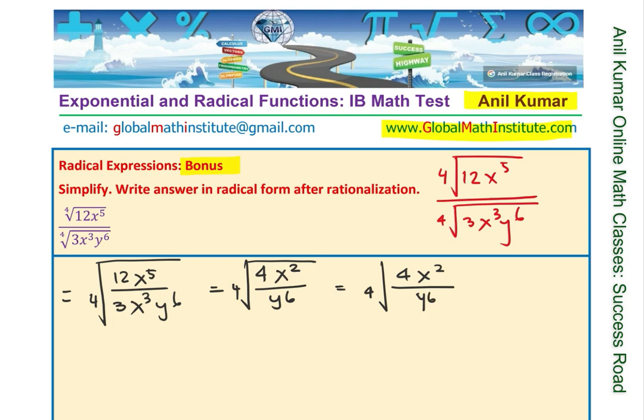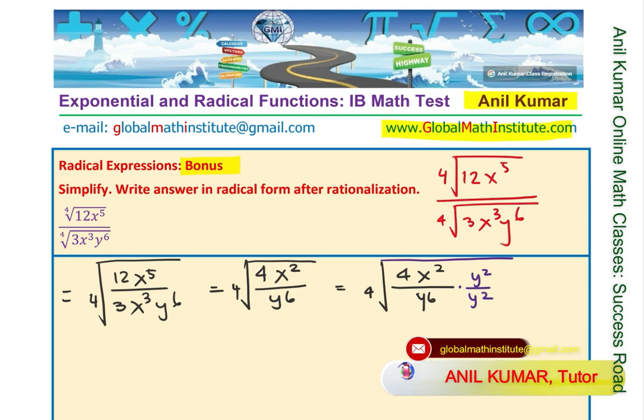Look here. If I multiply and divide by y squared, what happens? We get y to the power of 8 in the denominator. Dividing by 4, it gives you y squared. Perfect, right? So now, see where we are.